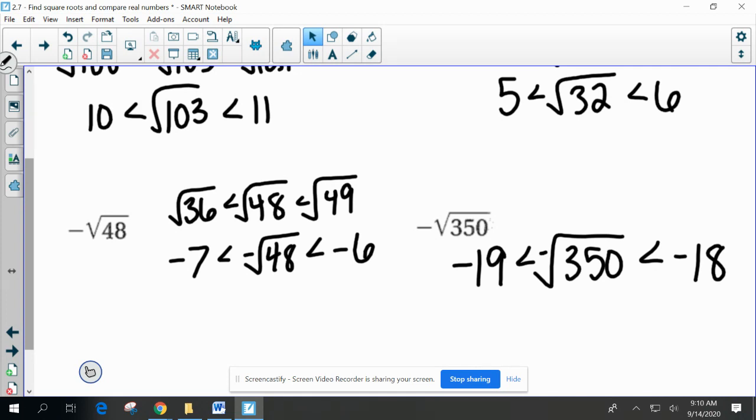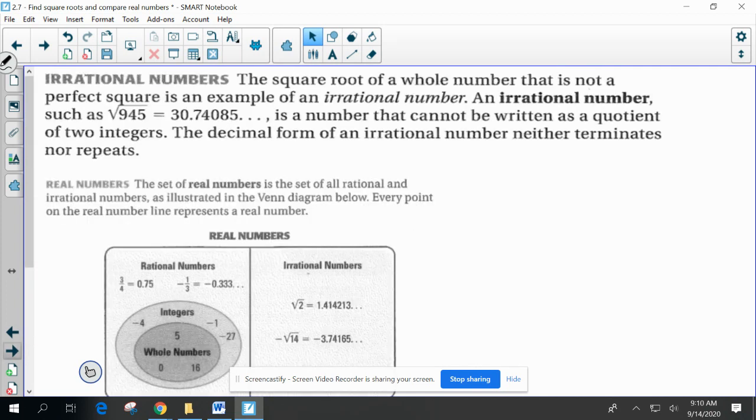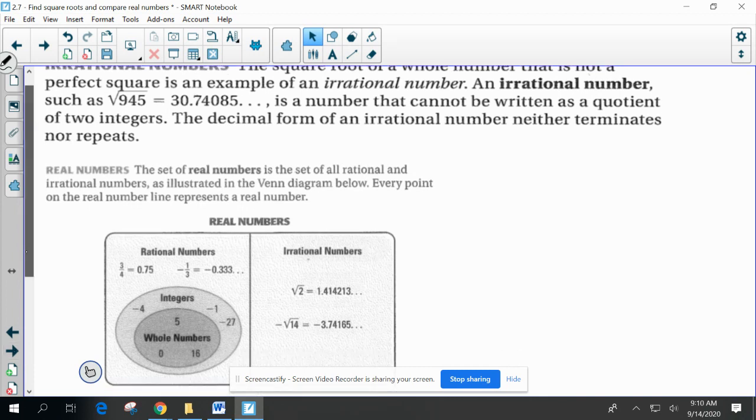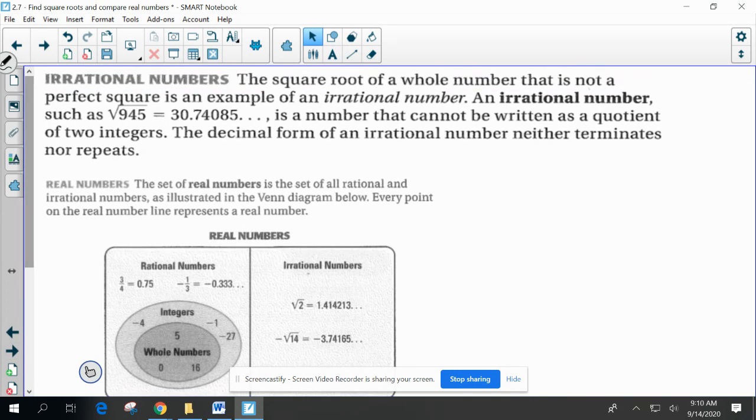Okay, on the next one, you have this printed on your paper, but it might be hard to read. I don't think you really need to copy all this down again, but irrational numbers, it's the square root of a whole number that's not a perfect square is an irrational number. So same rules apply to what we did before with the irrational numbers.